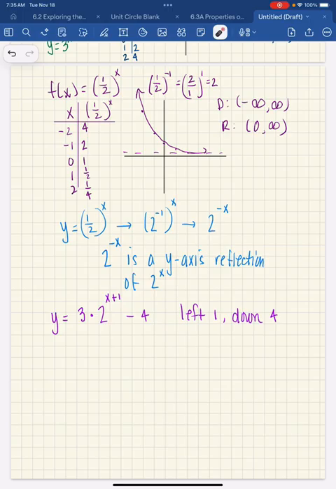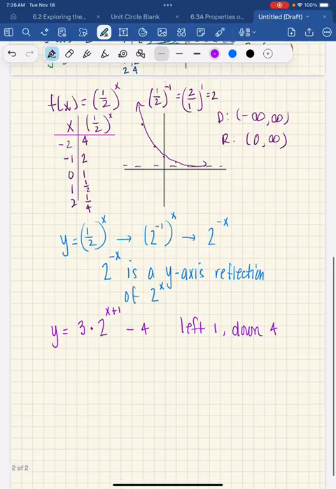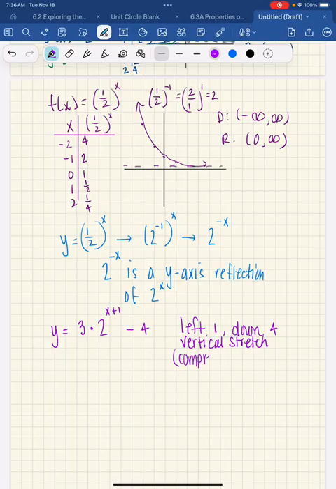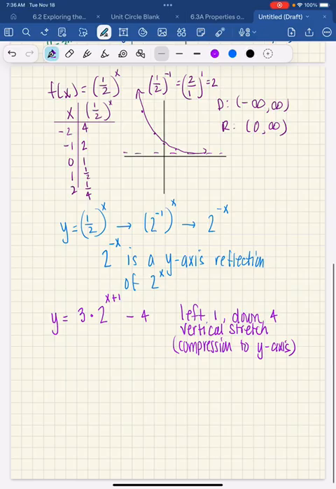And then the 3 is going to be a vertical stretch, or a compression to the y-axis. If it is easier for you, this is one of the few times when I think making a table of values might be helpful.